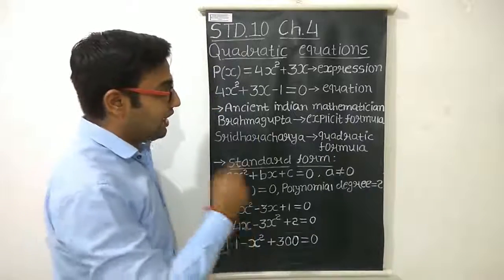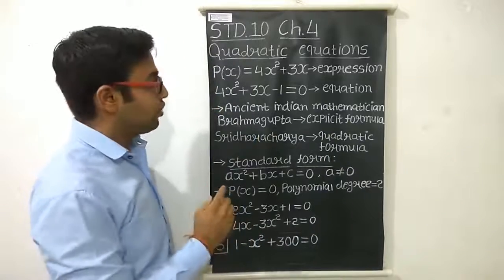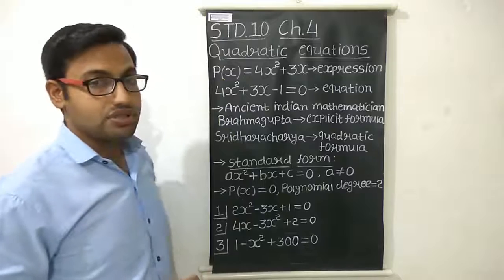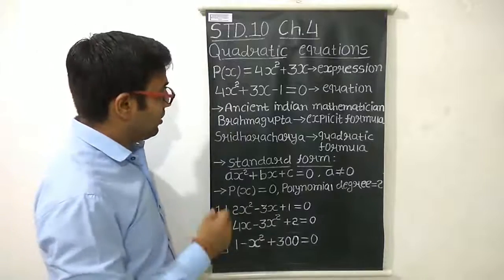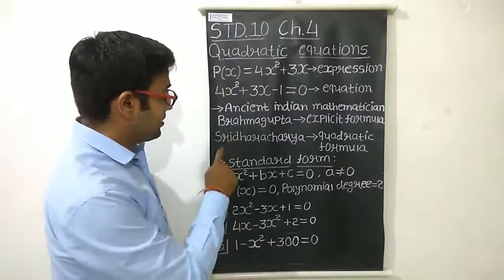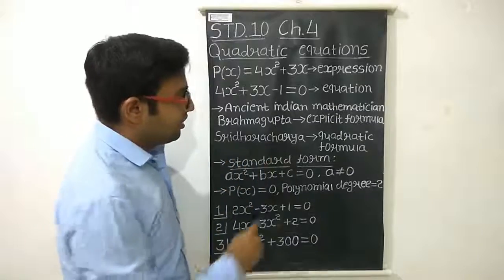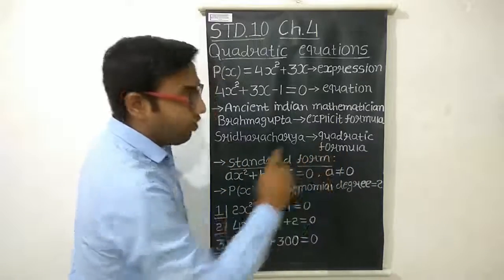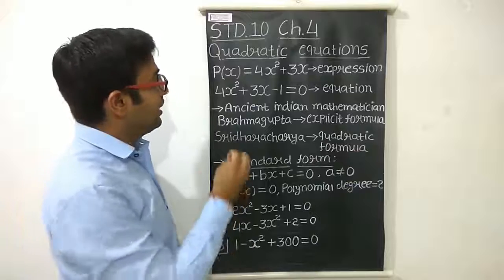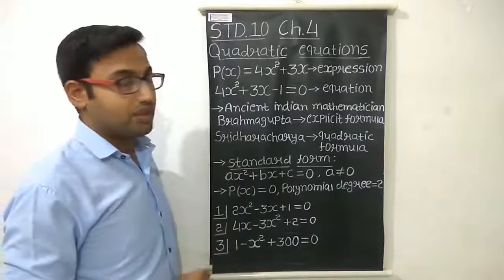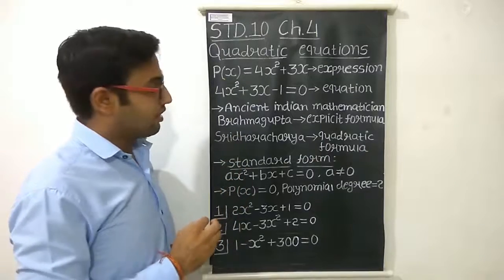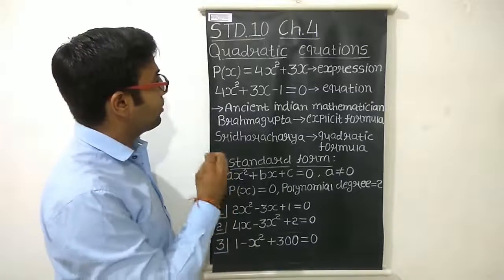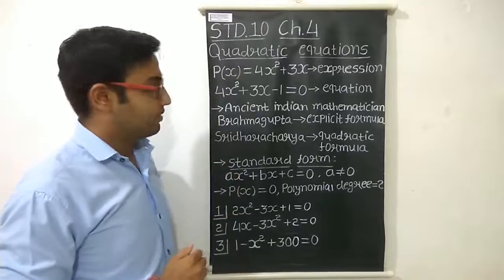Later on, another mathematician, Sridharacharya, found the quadratic formula to solve quadratic equations. It is also known as the completing the square method.